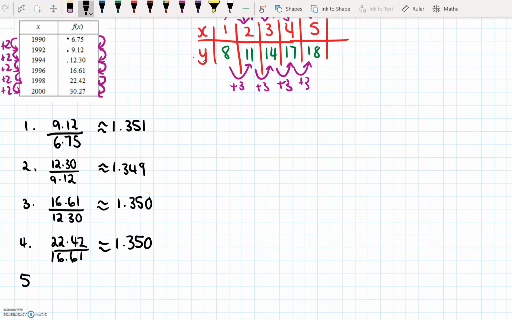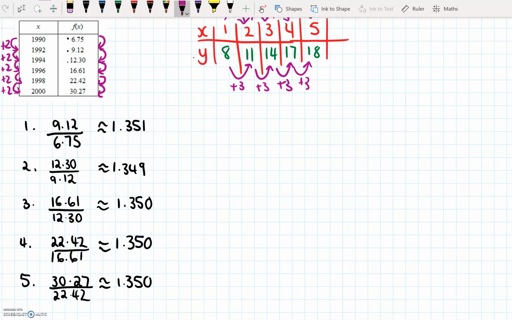And the last one is going to be 30.27 divided by 22.42, which gives us approximately 1.350.